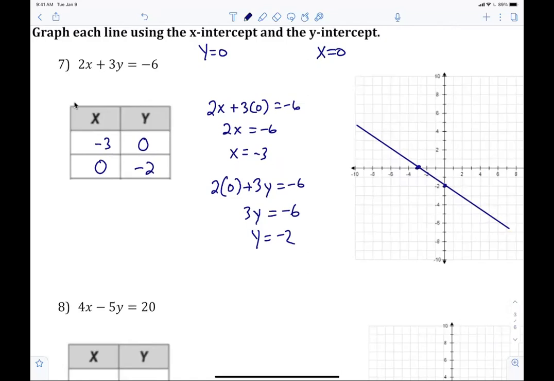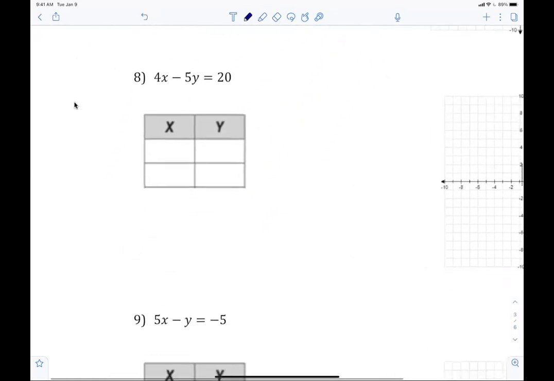There's a line too. Arrows at the end, if you want to be professional like me. So is it always 0? Yes, it's always, always. That's the definition of x-intercept and y-intercept. So all you have to do is plug 0 in for y and 0 in for x. That's how you do that.